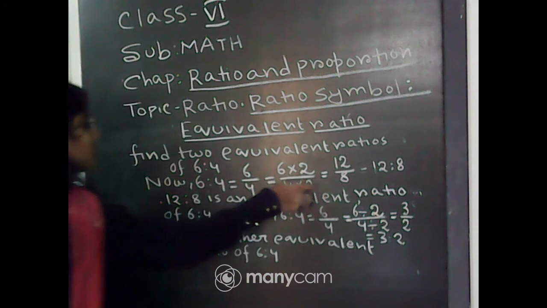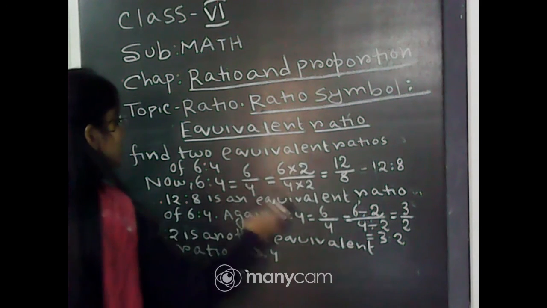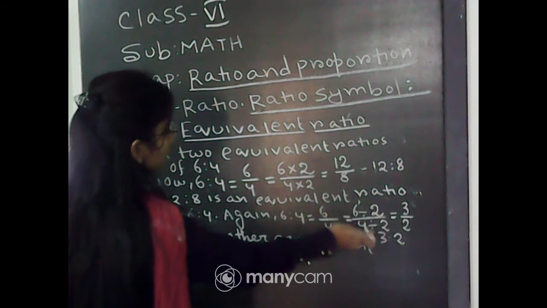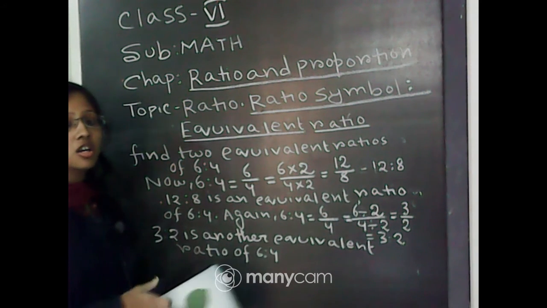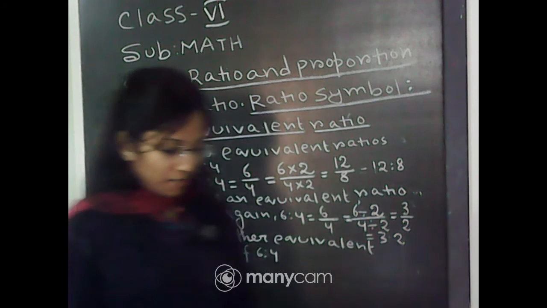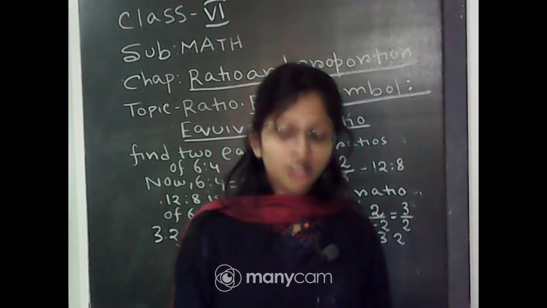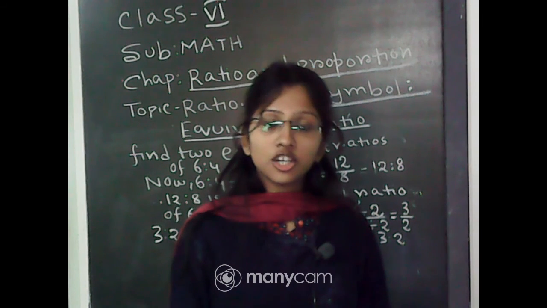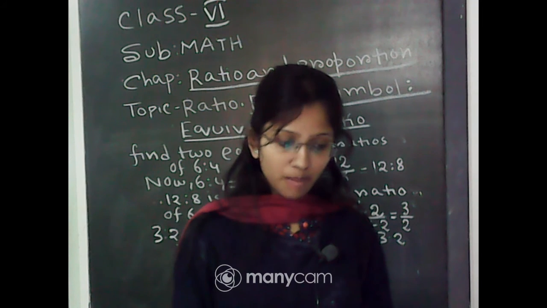Therefore, we can get equivalent ratios by multiplying or dividing the numerator and the denominator by the same number.